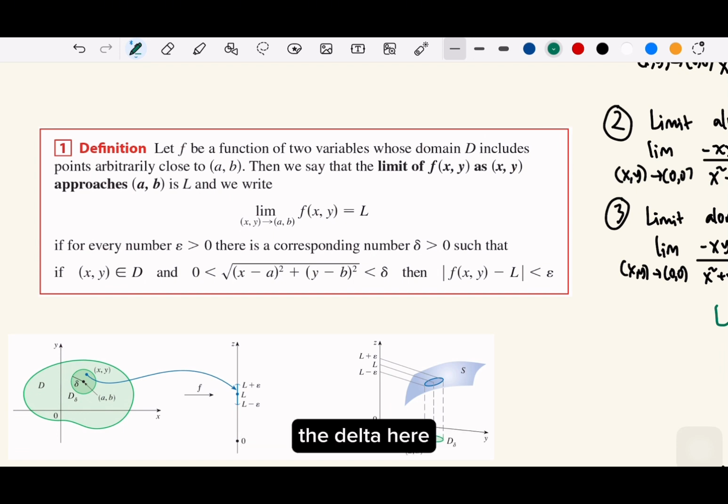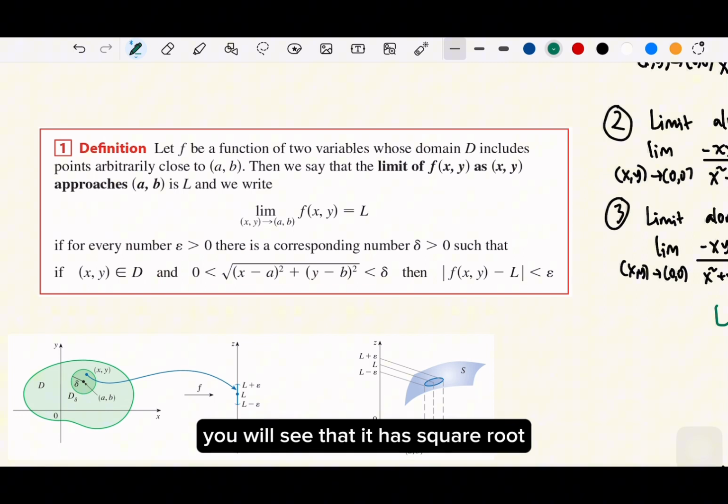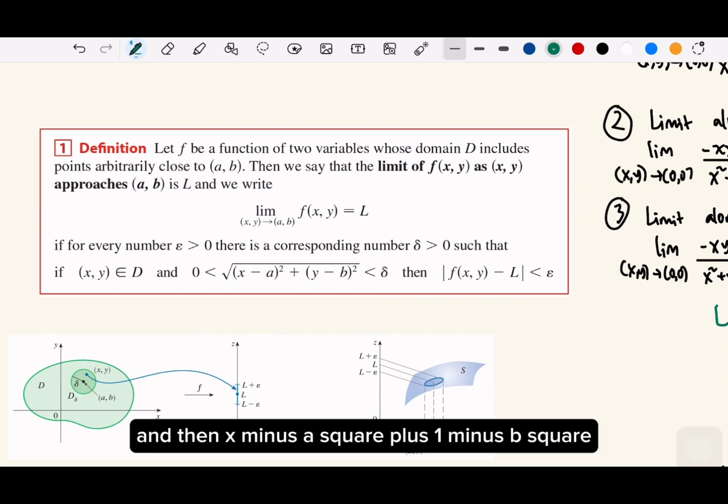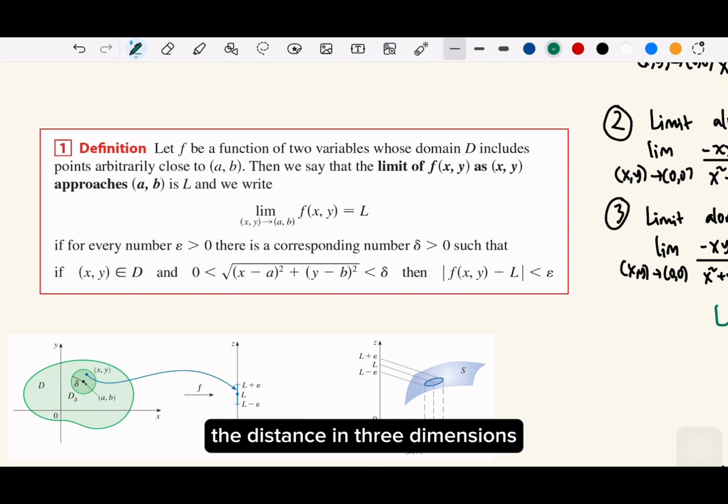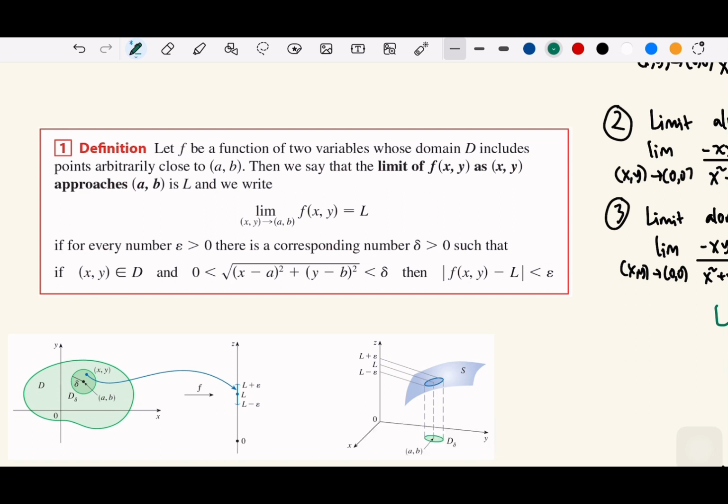The delta here has the square root of (x minus a) squared plus (y minus b) squared. This is the distance in 3 dimensions. In calculus 1, we just set the absolute value of x minus a less than delta. Now we have the distance because we have 3-dimensional space.